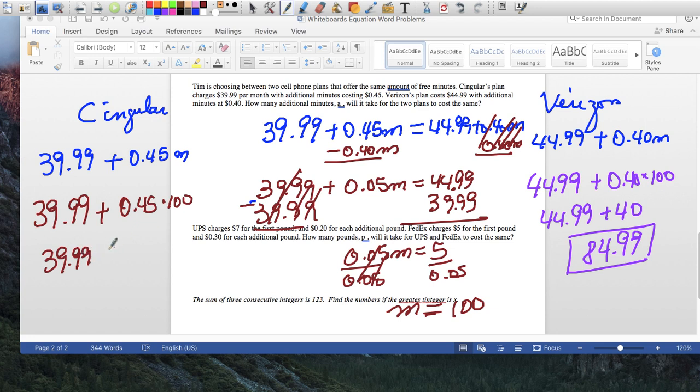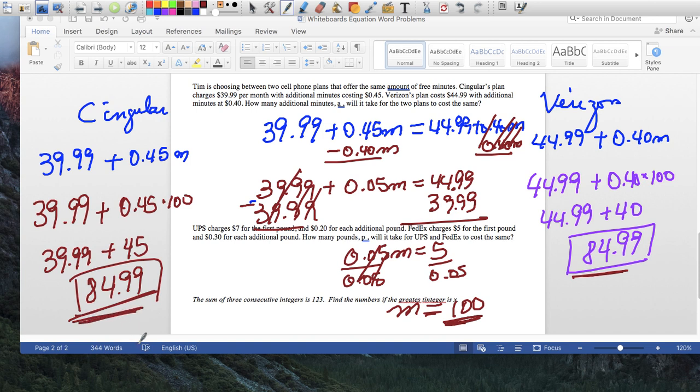And then for the extra 100 minutes, I'm going to pay 45. If I add these two, 45 plus 39.99, I'm going to get 84.99.